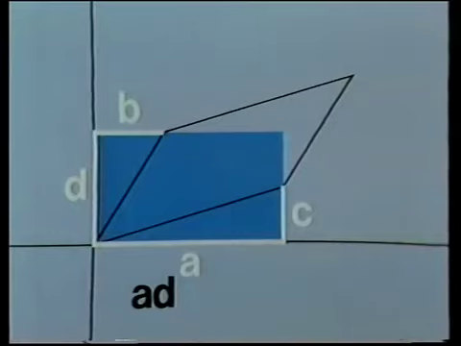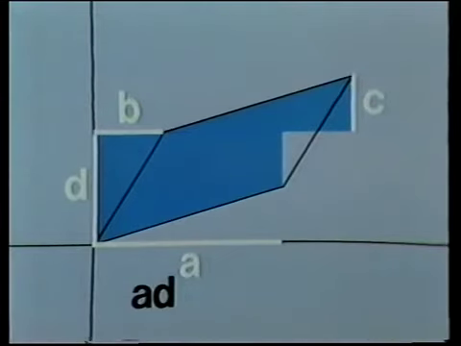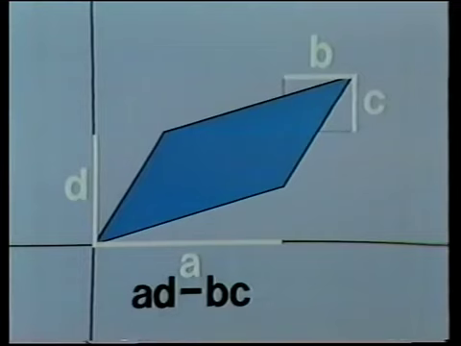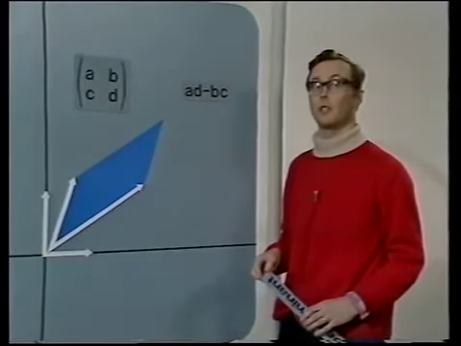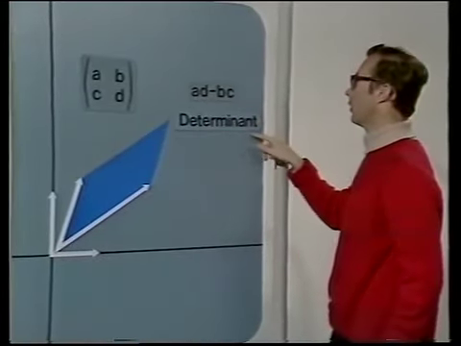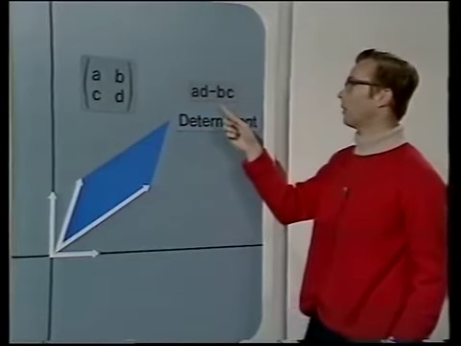Let's move part of the rectangle around. Now we've coloured in the parallelogram and some more besides. But if we take away the small rectangle BC, we're left with just the parallelogram. So its area is AD minus BC. Well, this number AD minus BC is so important that we give it a special name. It's called the determinant of the matrix. So if there's no inverse, then this determinant is 0.